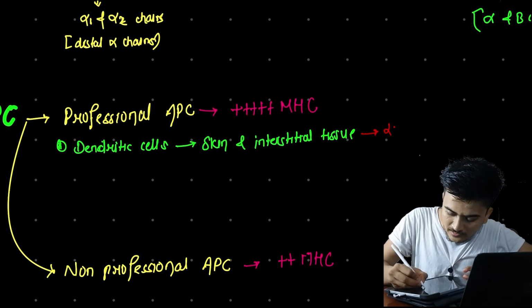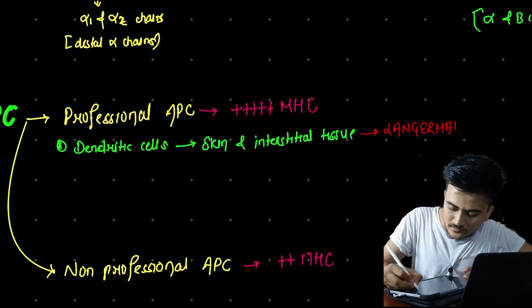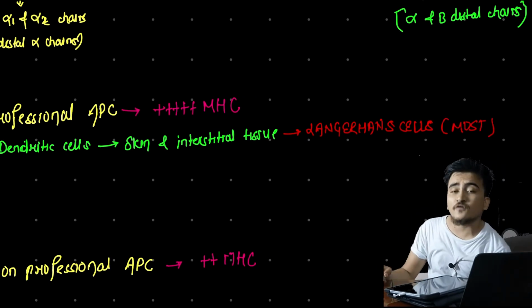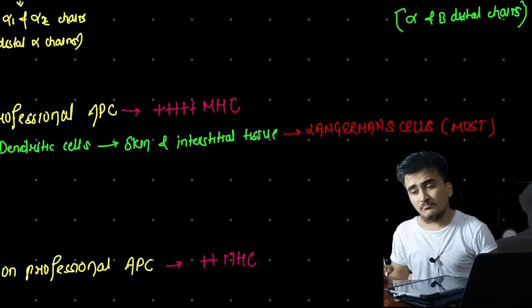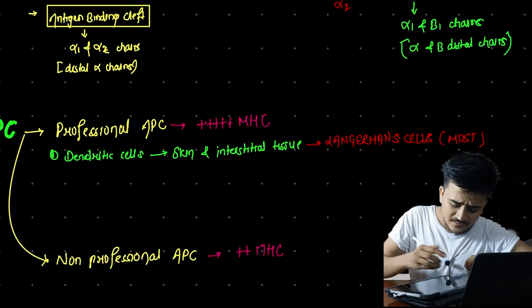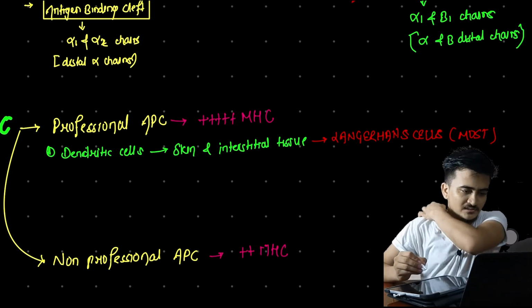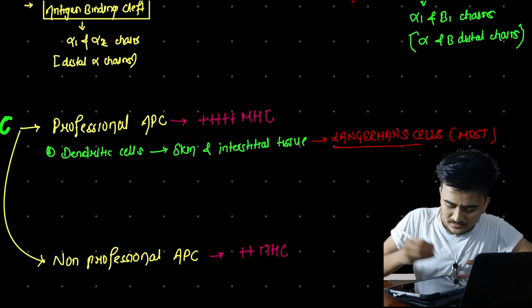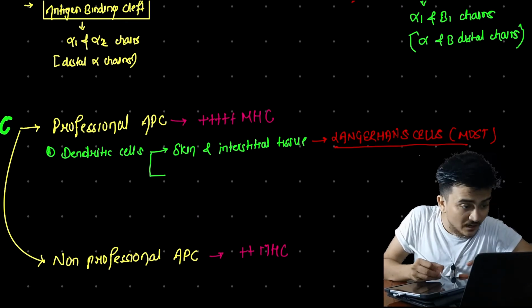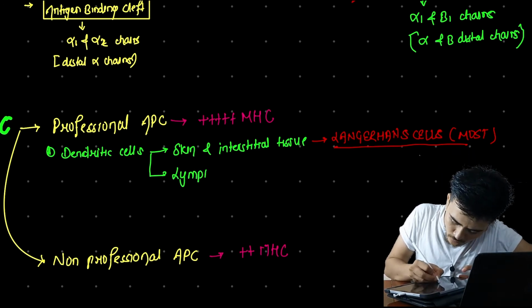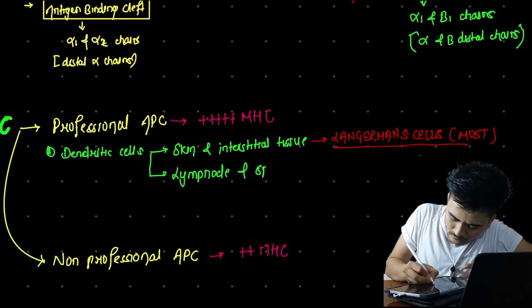What I said is Langerhans cells, and these are the most important. Why are these most important? Because these are the first thing that prevents antigen from entering our body. So dendritic cells are present in skin and interstitial tissues, and they are called Langerhans cells. And talking about another site where they are present, they are lymph node and spleen.